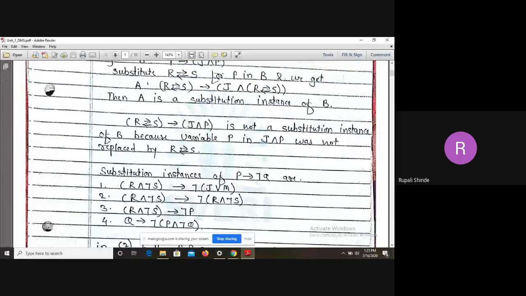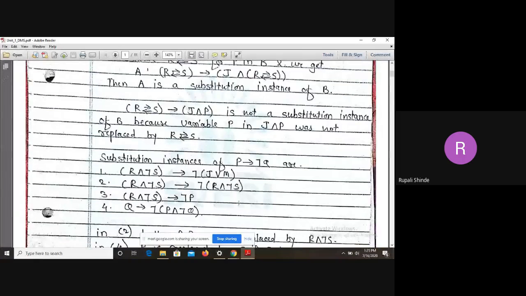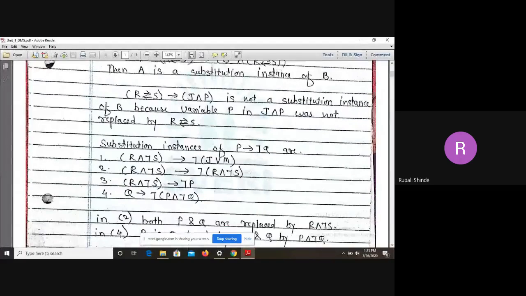Likewise, in the second formula, P is replaced by R and negation S, and Q is replaced by R and negation S. So all these are called substitution instances of the given formula.